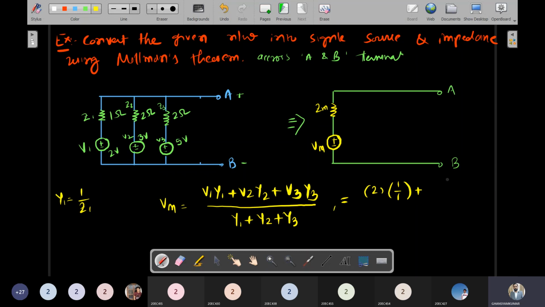V2 is 3 and Y2 is 1 upon 2, plus V3 is 5 multiplied by 1 upon 2, that is Z3, Y3 is 1 upon 2. So here will be 1 upon 1 plus 1 upon 2 plus 1 upon 2. Just quickly simplify this one and give me the answer quickly.